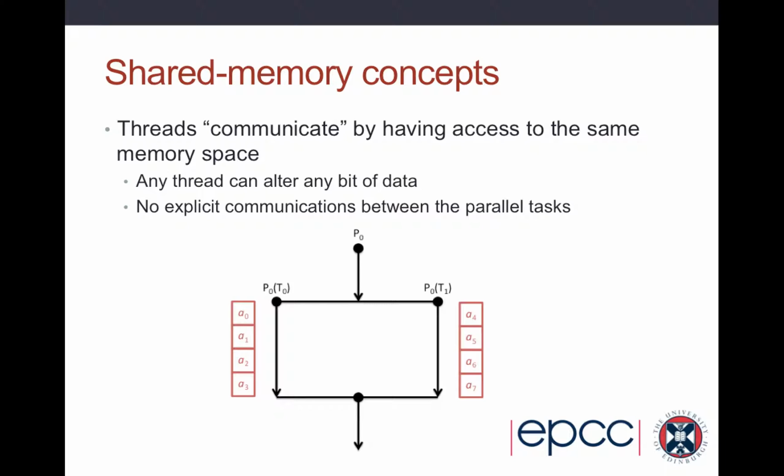Okay, so here the communication is very implicit. There are no explicit communications between the parallel tasks as there was for the message passing example. Any thread can alter any bit of data, and that actually introduces complications in programming because you have to be very sure of what the state of memory is before you go altering any bits of data in it.